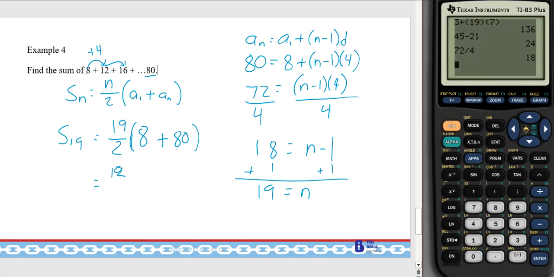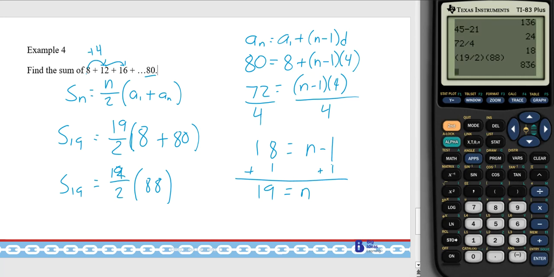So 19 over 2 times 88 is equal to that sum. And then I'm just going to plug that into the calculator, right? 19 over 2 times 88 is equal to 836. Right? So the sum of the first 19 terms is 836.